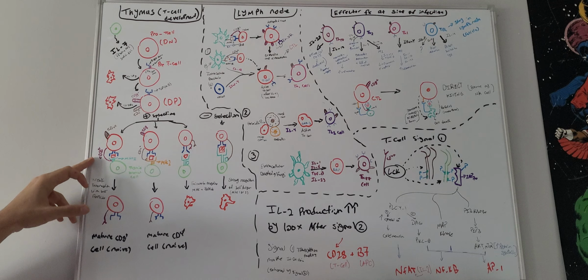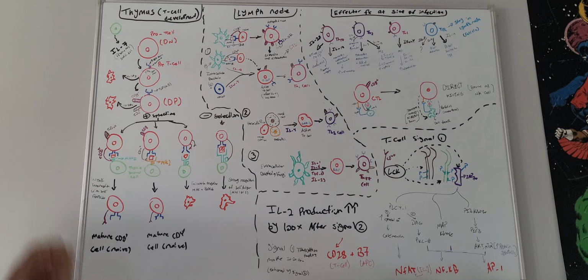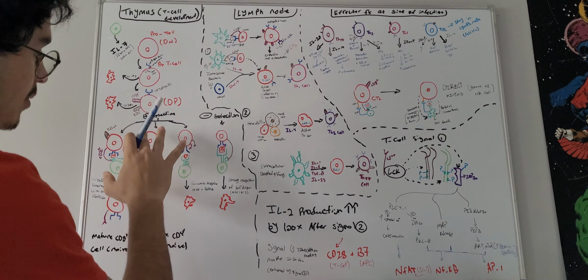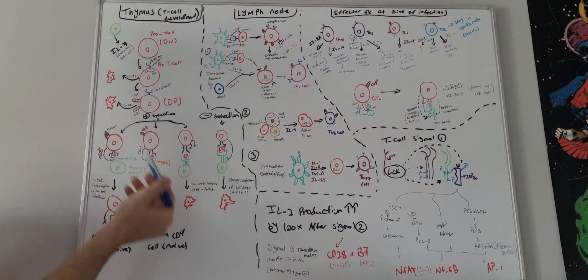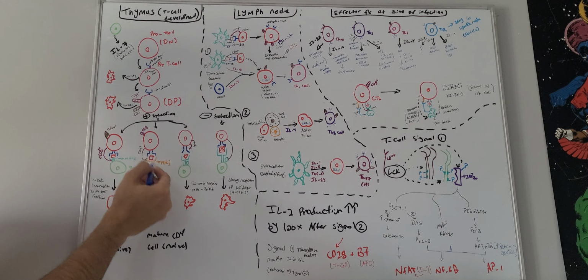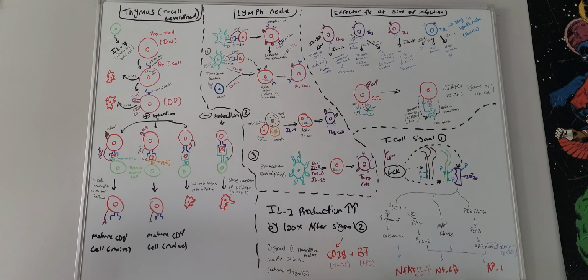If it's a CD8 positive, it's an MHC1 molecule. Let's come over here. Again, we have a double positive thymocyte with both CD8 and CD4, but by random chance, the CD4 this time matches with MHC2 presented on the thymic stromal cell.